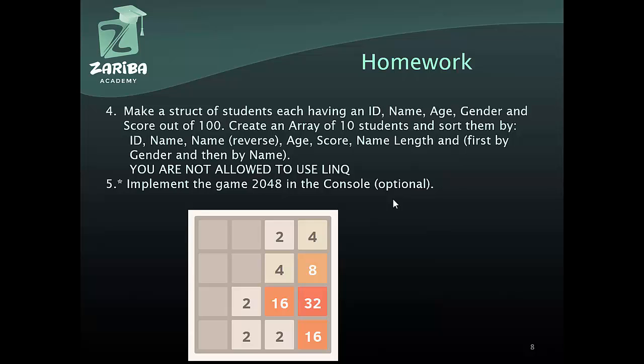Here the only thing that you have to be printing is the matrix, but the hard thing about this game is the logic behind how you combine the numbers and so on. But I guess it will be interesting, and if I did not put it in the matrix homework, I don't know where else. Yeah, this one is optional. If you don't do it, then it's fine. You can still get the maximum score. If you do it and it works, that's a huge bonus for you as well.